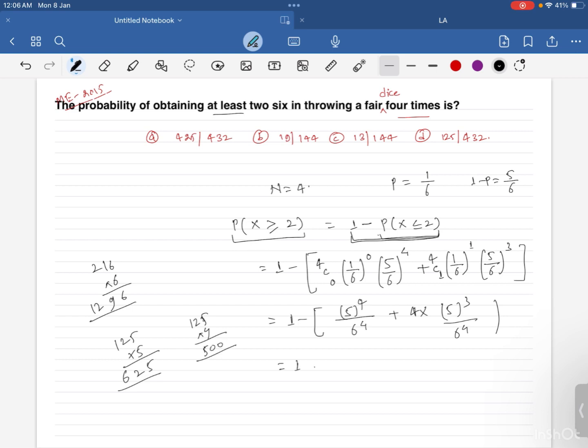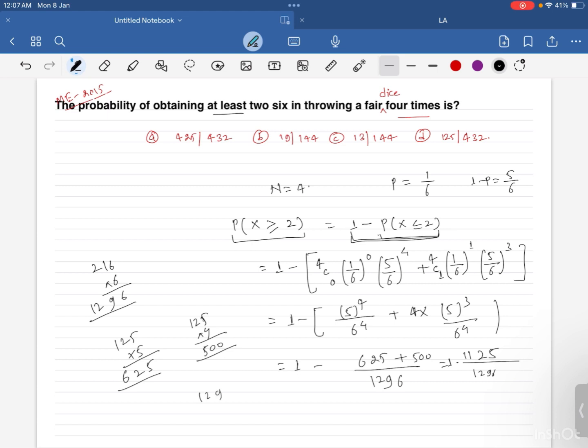So overall what we are going to get is 1 minus, over 1296, 625 plus 500, that is 1125.